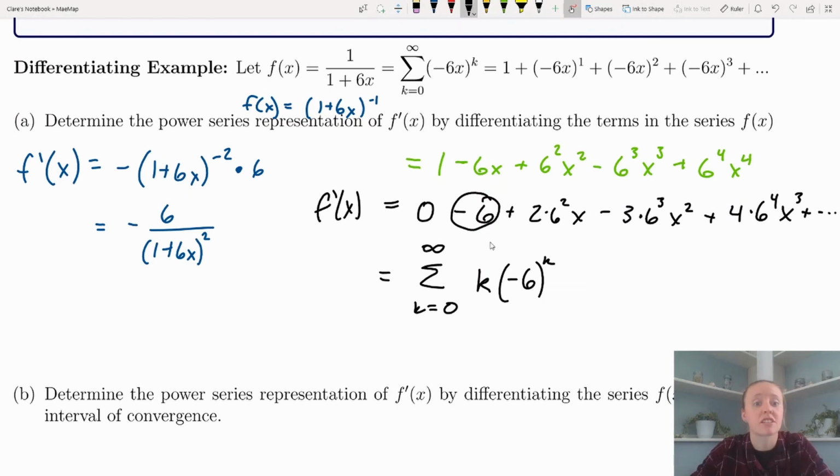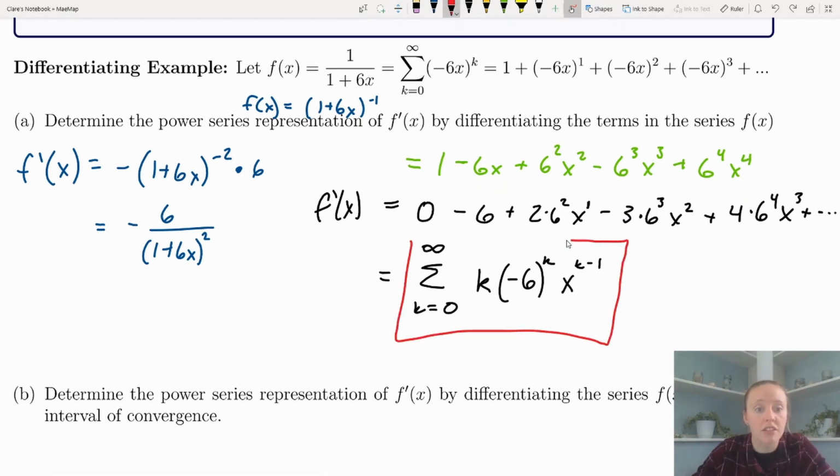This is negative 6 to the first, negative 6 squared becomes a positive, and so on. And now all I have to worry about is my x, which has an exponent of 1 in that third term, an exponent of 0 in the second term. So that means it'll probably have an exponent of negative 1 in my first term if I keep that pattern up. So this will be x to the k minus 1. So this is our power series representation of that derivative.